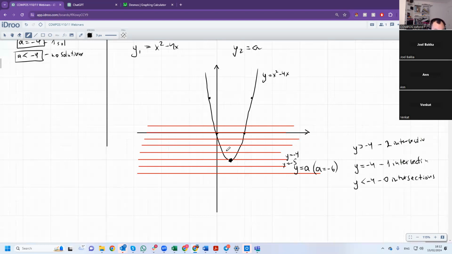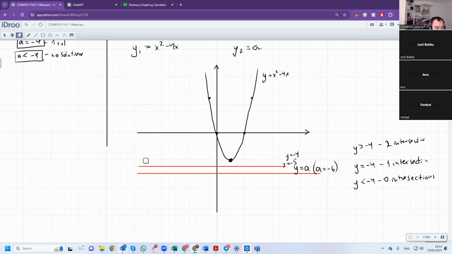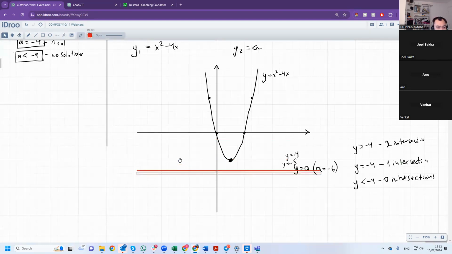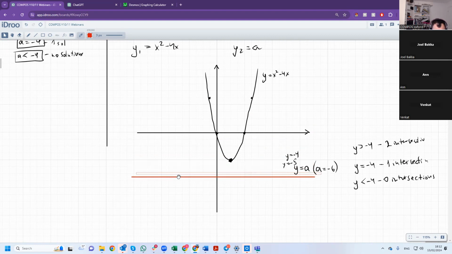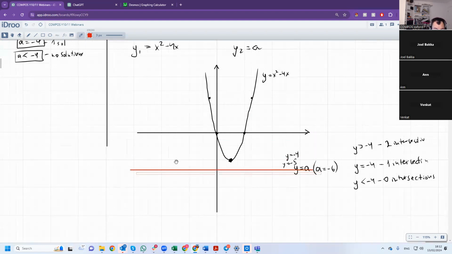What we're doing here is moving this line like this. This is y equals a for different values of a. If a is less than minus 4, it's here, there's no intersection. One intersection, two intersections. So for any value above minus 4, it's going to be 2 intersections.